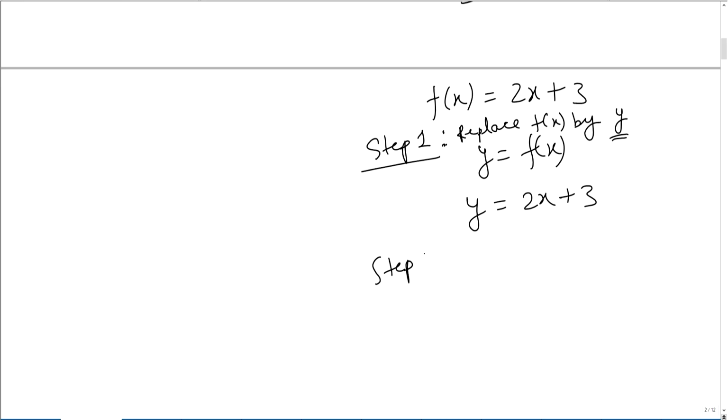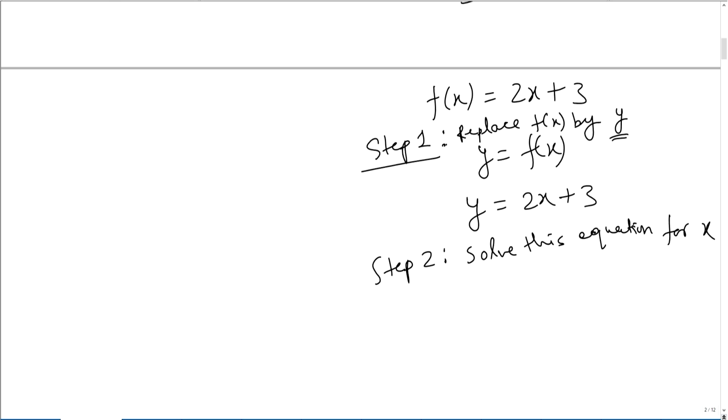Now step 2: solve this equation for x. This is an equation now, but it has 2 variables, remember. We are not going to exactly solve this equation because x wouldn't have a single value, since it's not an equation of a single variable.